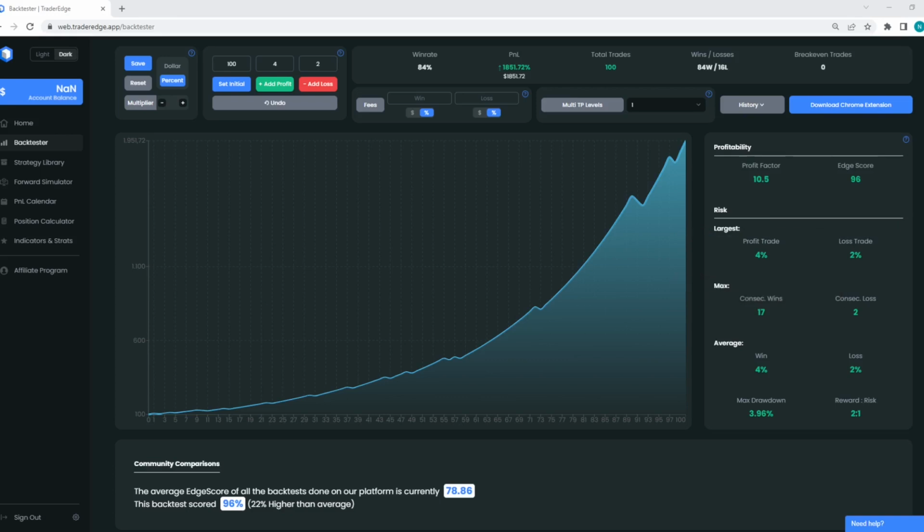We had a maximum of 17 consecutive wins and only a maximum of 2 consecutive losses. Our maximum drawdown was 3.96%, which is actually good, to be honest, and our profit factor was 10.5.